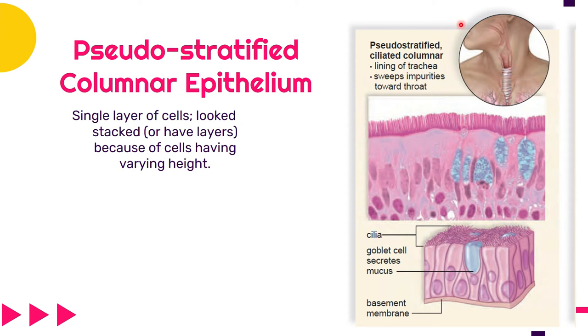So the air that you breathe in, when it passes through the trachea, the trachea is lined with this type of epithelial tissue. So the cilia there would filter the impurities.